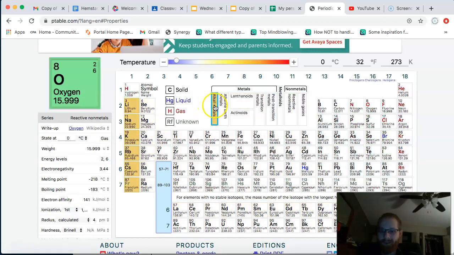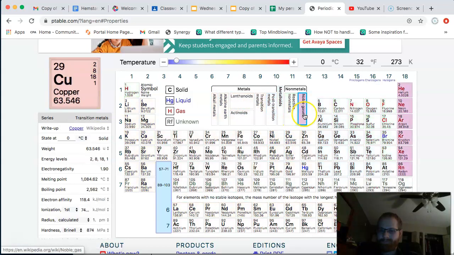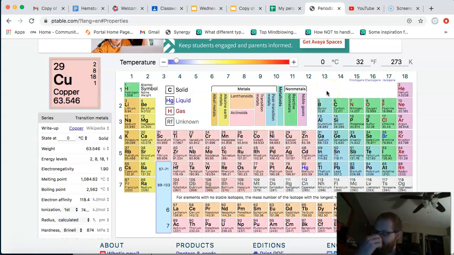And we've also got families like these subgroups. Okay. And the reason that all of these elements are put together is because their families and their groups have similar characteristics. That's why they're close together. Just like you and your family is close together.